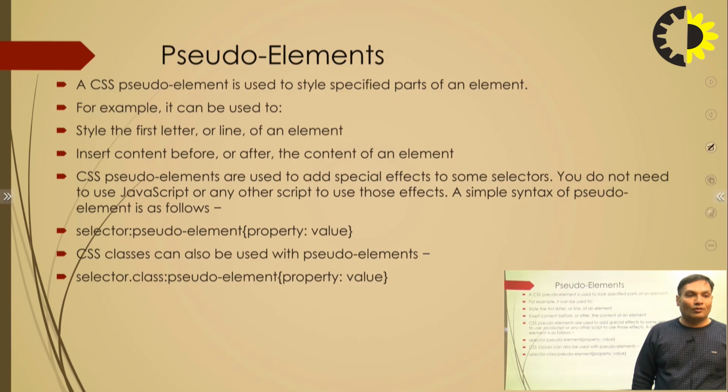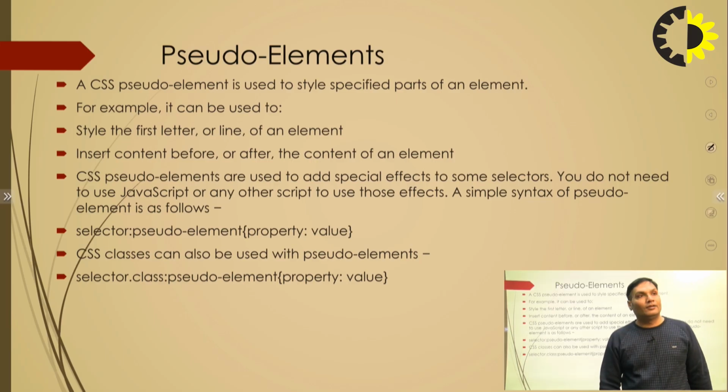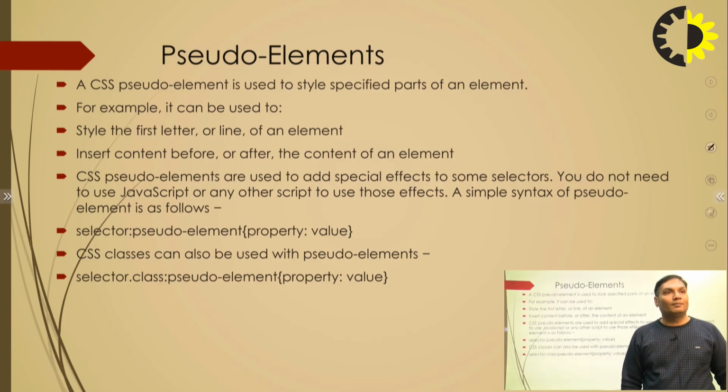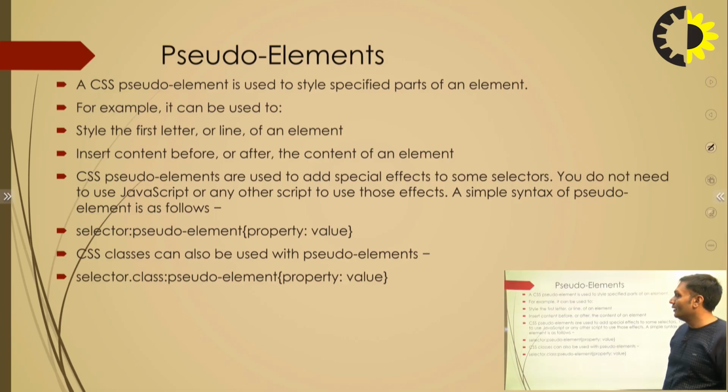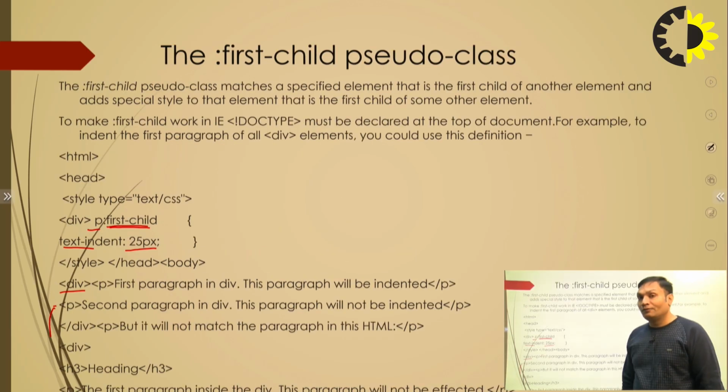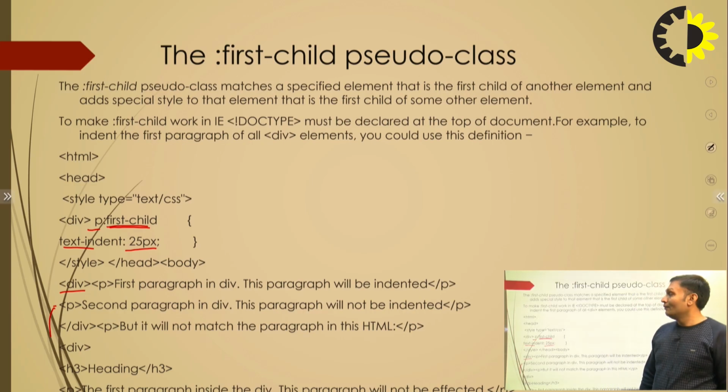Now the next topic of today's lecture is pseudo element. A pseudo element is used to style a specific part of an element. In the pseudo class we saw we are changing the style based on the state of an element.